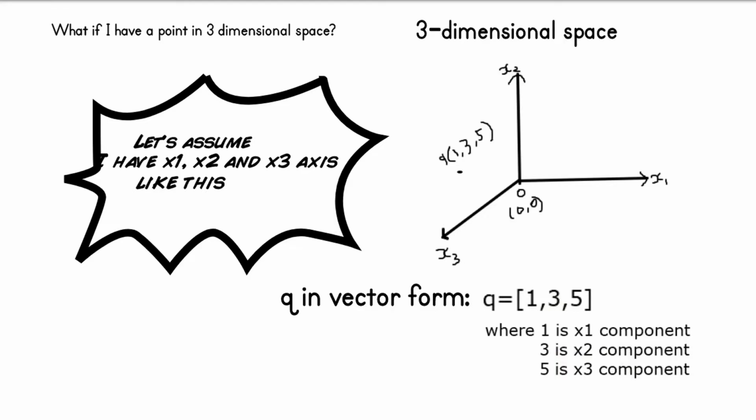That means point Q is 1 unit away on the x1 axis from origin, 3 units away on the x2 axis from origin and 5 units away on the x3 axis from the origin. This point Q can be represented in vector form as Q equal to 1, 3, 5. This is a 3-dimensional point, a vector of size 3.